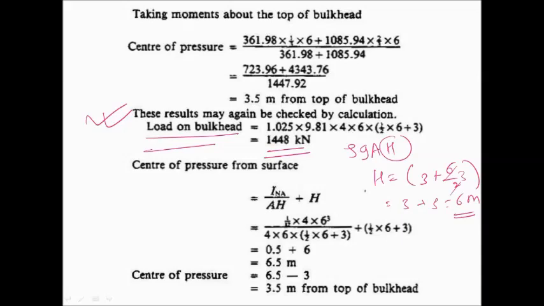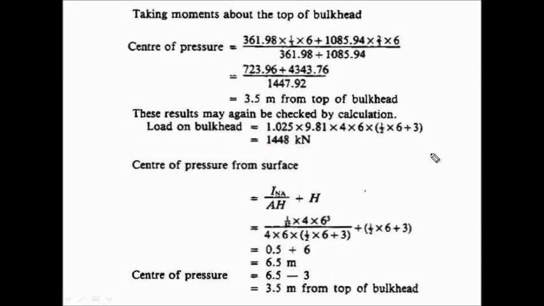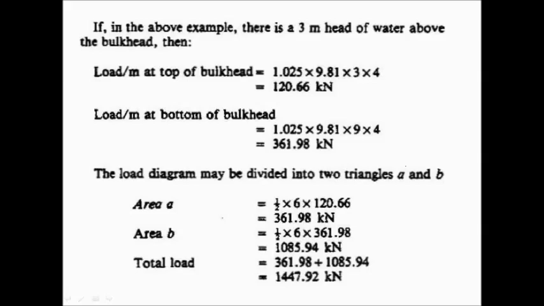And the same thing, if you check here from the load diagram also, you got the same value, 1447.92, and from the formula we got 1448. It is the same.